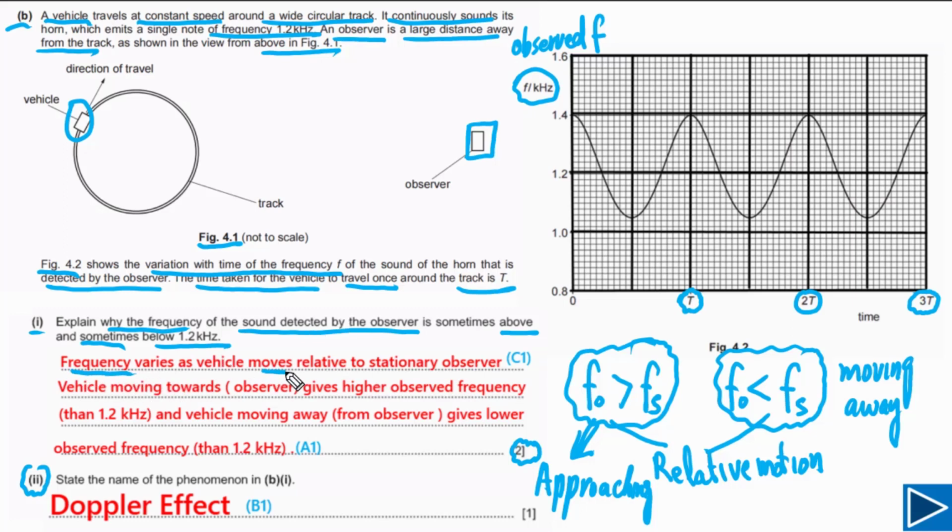Frequency varies as the vehicle moves relative to the stationary observer, meaning when there is a relative motion, and frequency is higher than the frequency of the source when the source is moving towards the observer, and when the source is moving away, the observed frequency is lower than the frequency of the sound produced by the source. If you write down these points, you will get 2 marks. And the next one is a B mark. Simply you need to write down Doppler effect and you will get 1 mark. I hope it is clear to you now.